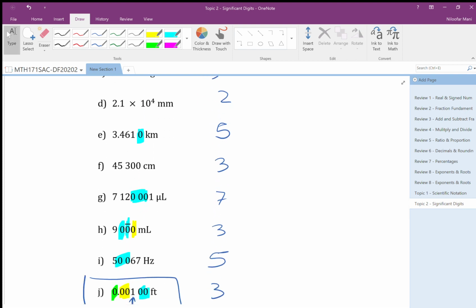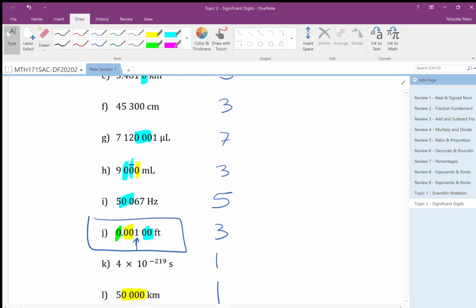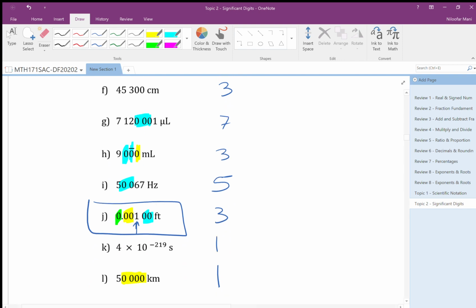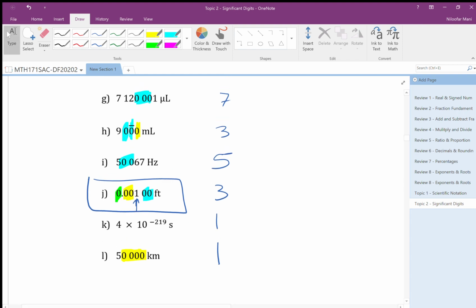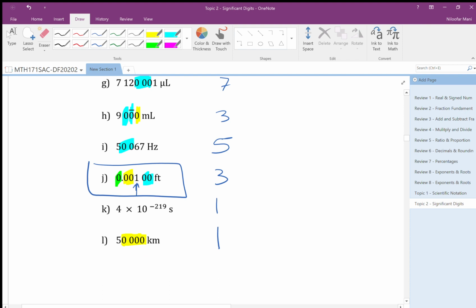E is zeros after the decimal, G are zeros between non-zero digits, H are zeros with a bar and between non-zero digits, and I is zeros between non-zero digits. J is zeros after the decimal, so I count them.